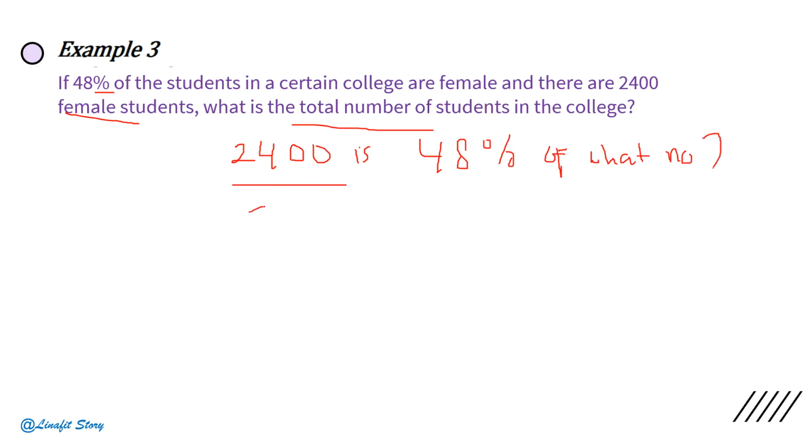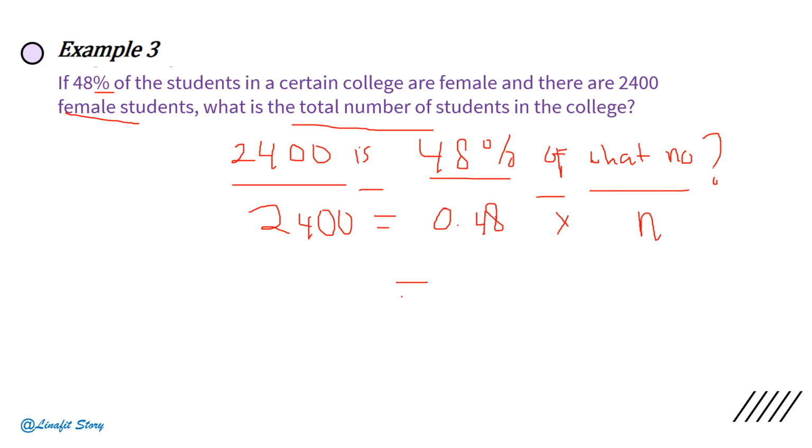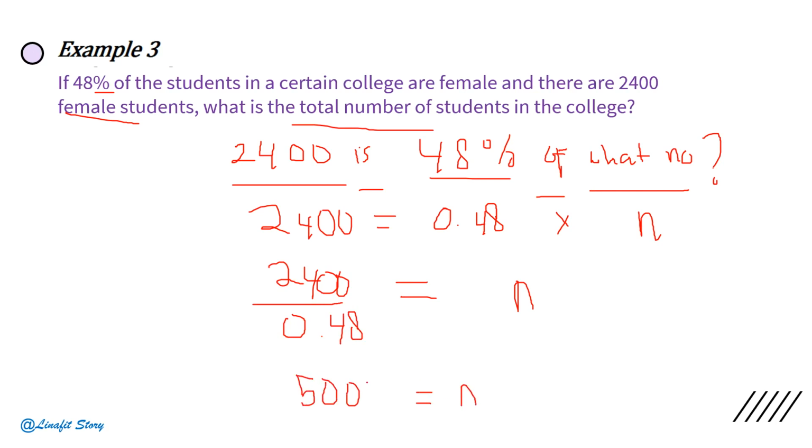Then how to get n? n equals 2,400 divided by 0.48. So n equals 5,000. There are 5,000 students in the college.